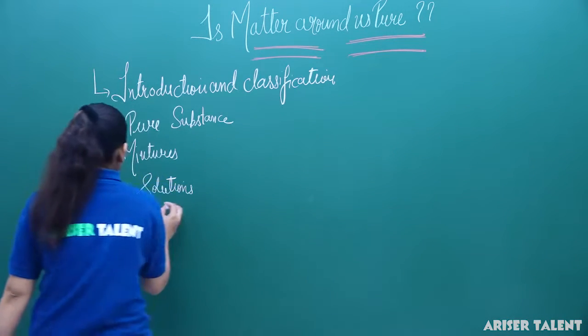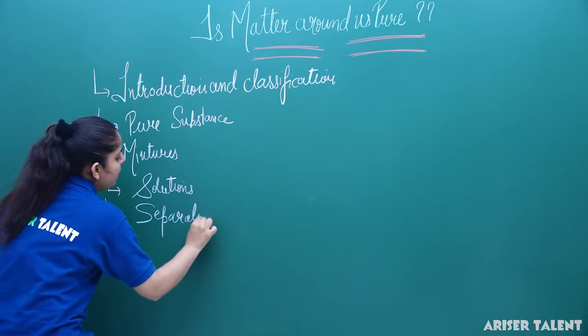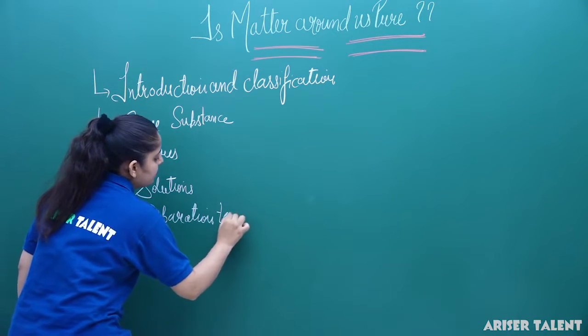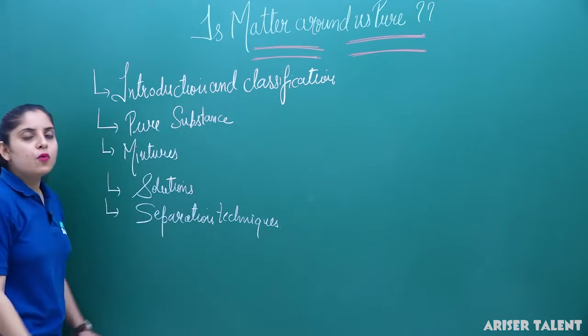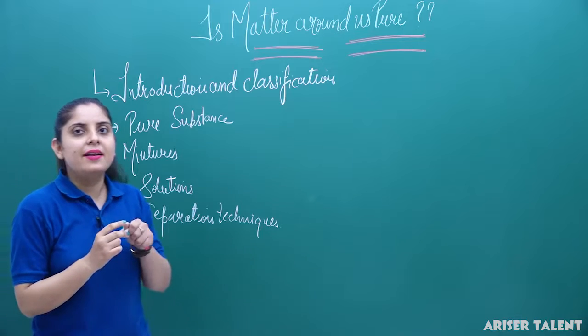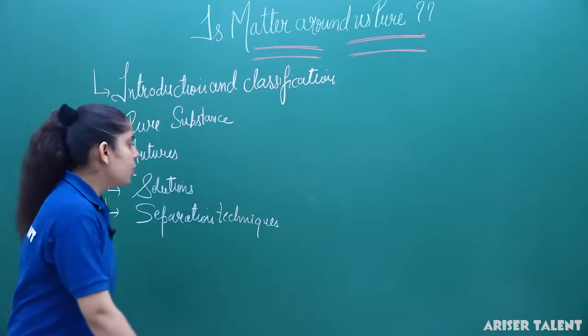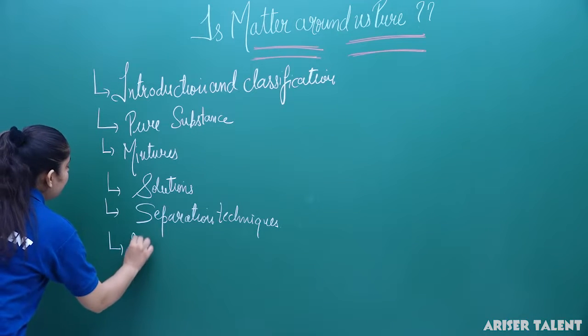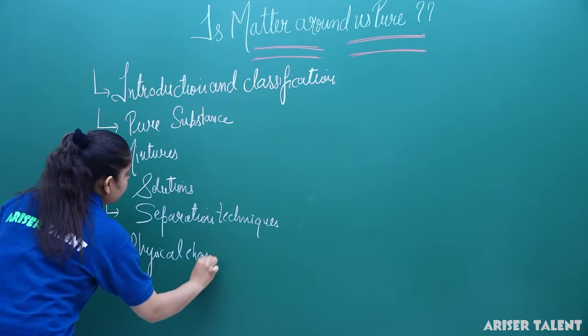Clear? There are many separation techniques for the different types of components, and lastly we are going to deal with physical and chemical change. Okay, so these are the main topics that we are going to cover in this chapter.